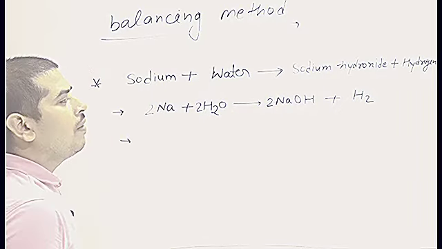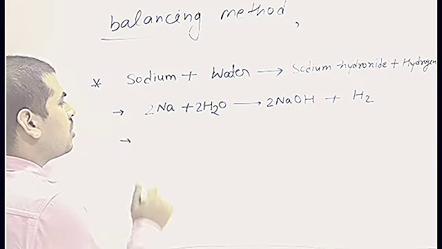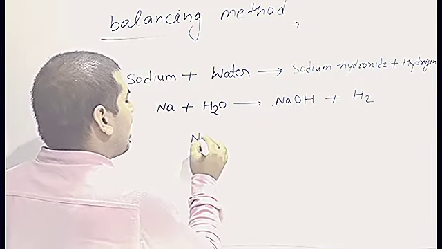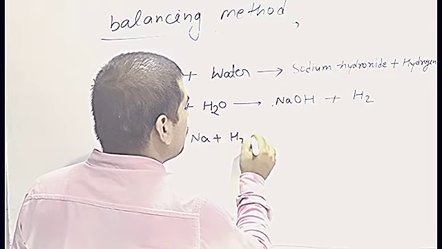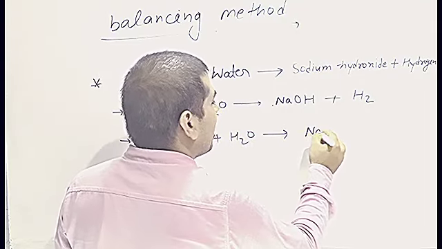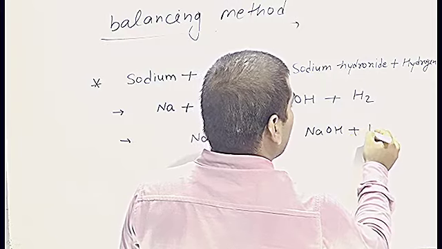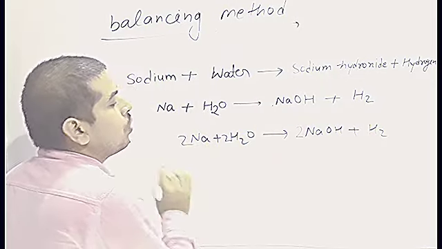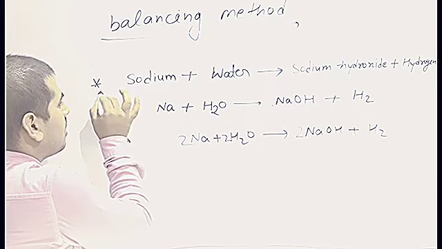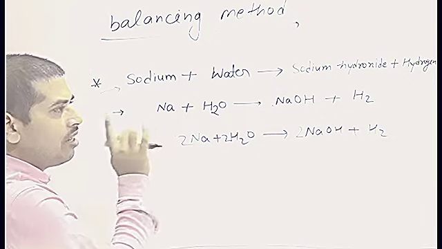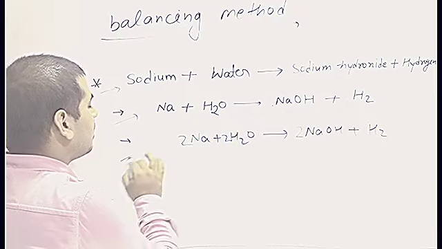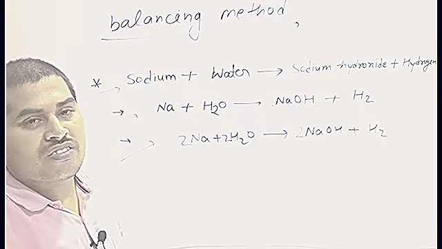So this is the balanced equation, means we can also write it as 2Na plus 2H2O gives out 2NaOH plus H2. This is the chemical equation, this is the symbolic form, and this is the balanced equation.